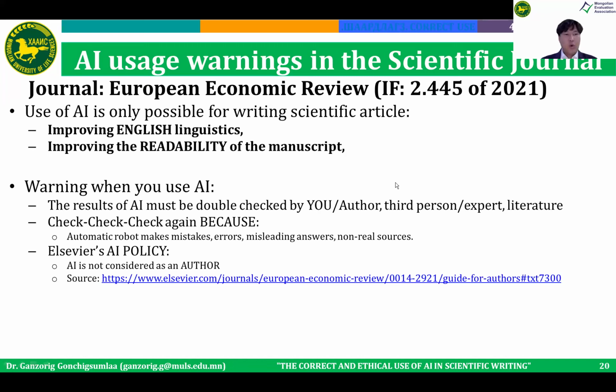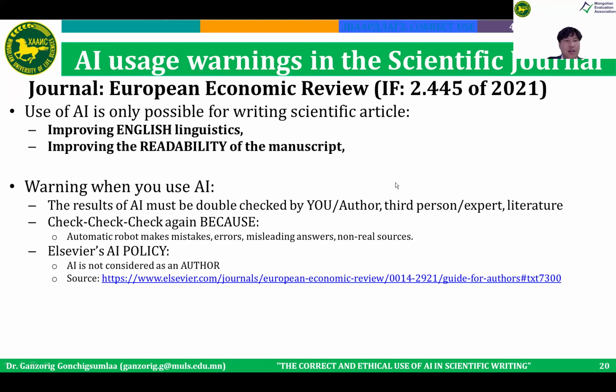And there's a warning also in this journal saying that the results of AI must be double checked by you, the author, a third person, an expert, and the literature, so you don't have to trust it all the time, and others must check.